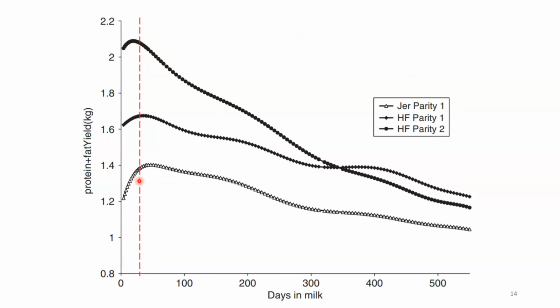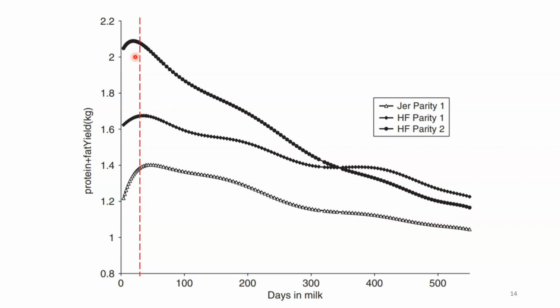You may not be able to tell me. So this says you can get as much as 2 kilos of protein plus fat a day from a cow. That's a lot, 2 kilos. Is that correct? Do you think that's correct?